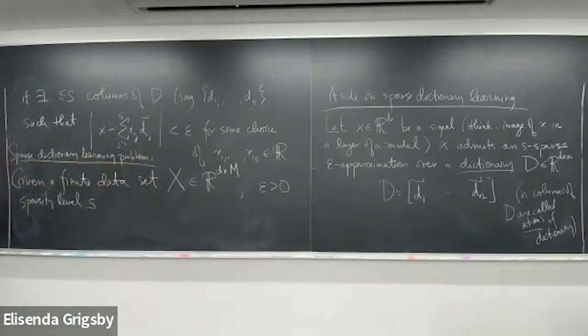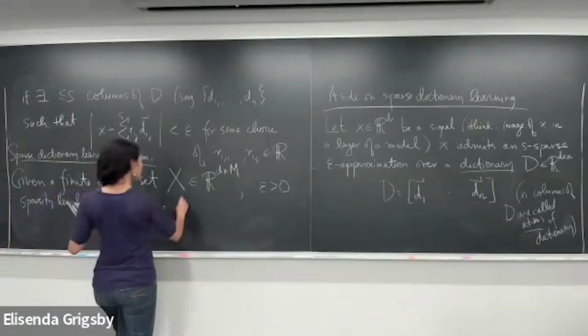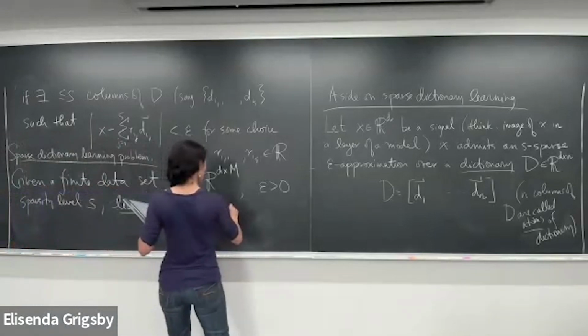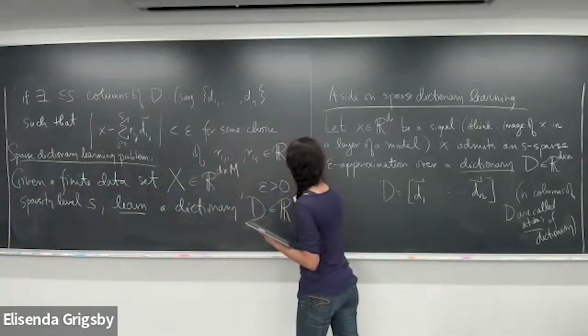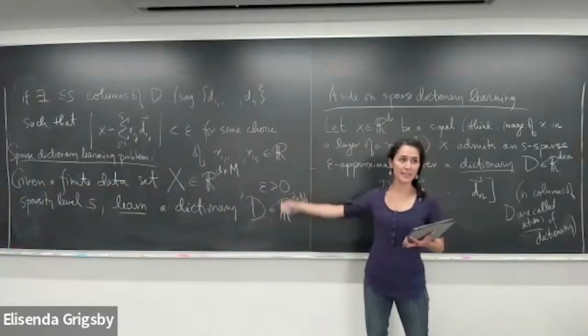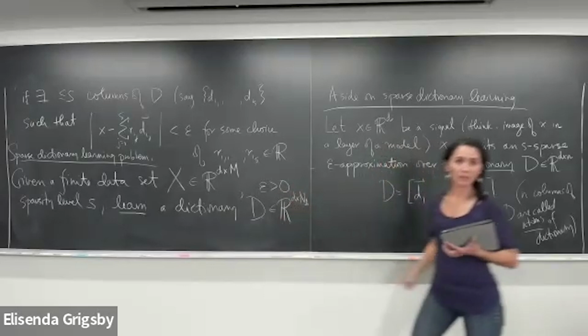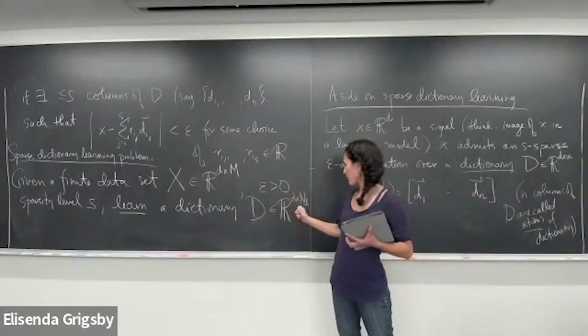You start with some finite data set, and at sparsity level S, learn the dictionary, which here I'm going to suggestively write as having capital N_L atoms, because this is actually the problem that the Anthropic team used an algorithm to solve.